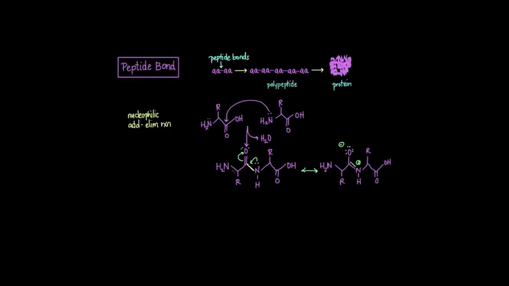So now if we take a closer look at the backbone of this chain, we can see that there is a pattern formed by the atoms that form this backbone. And here you have a nitrogen atom, the alpha carbon, and a carbonyl carbon. And then it repeats with a nitrogen atom, the alpha carbon, and a carbonyl carbon. And you get a pattern that looks like this. And each time you add a new amino acid, the pattern just repeats.